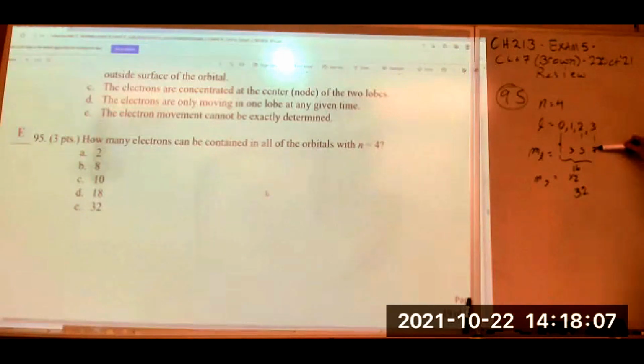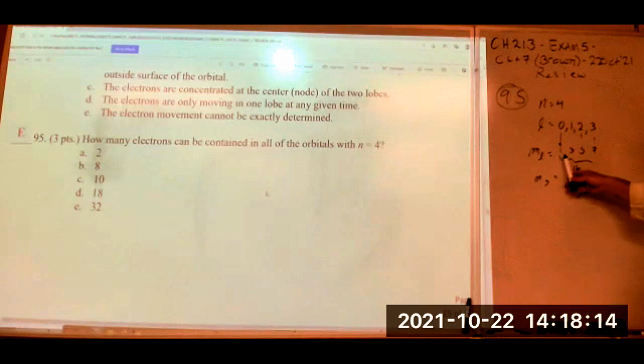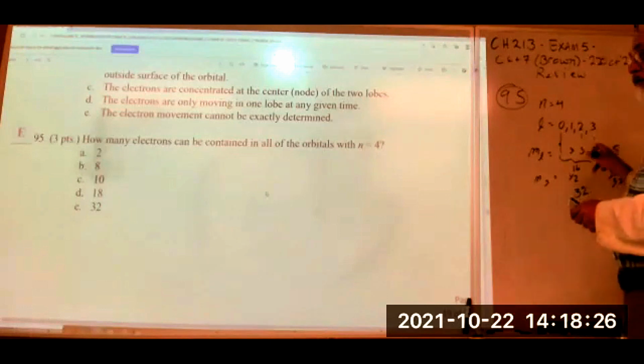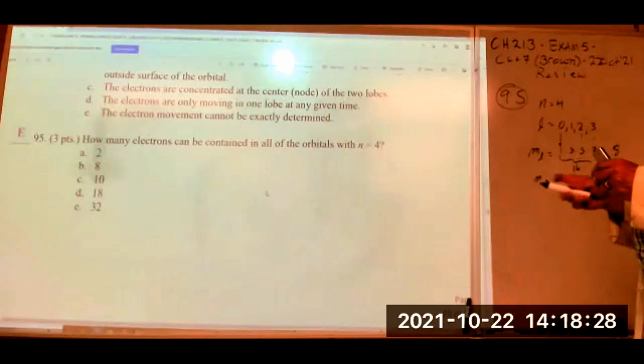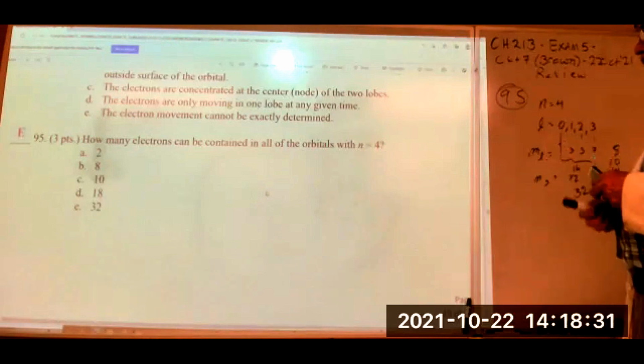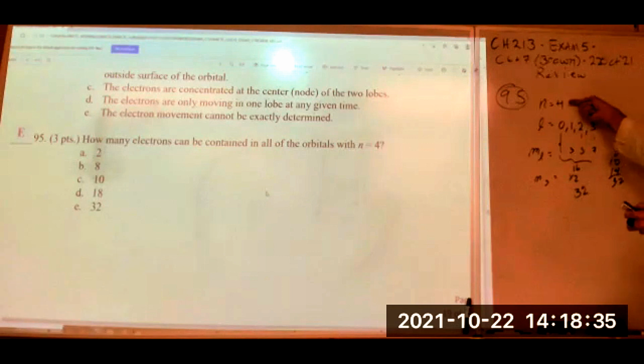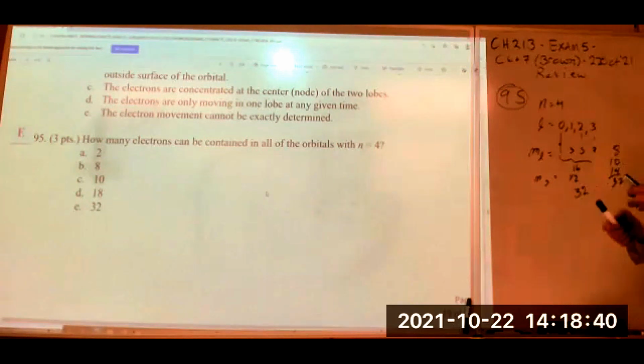Oh, this is F. So this one can have 2, this one's 6, which is 8, that one's 10, that one's 14. That's 32. So that's right, I must be counting wrong. That means 32 elements can be covered at that level, because each time you add a proton, you add an electron.